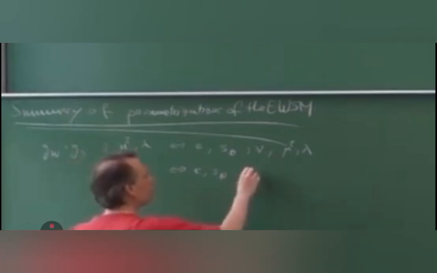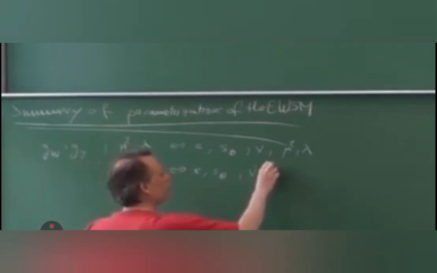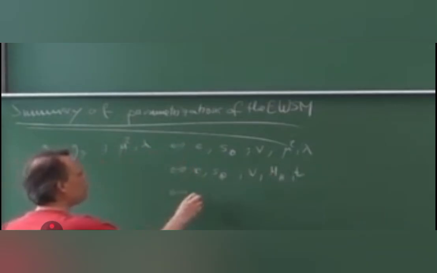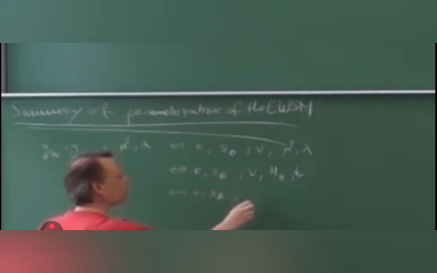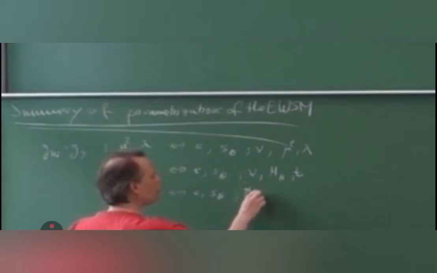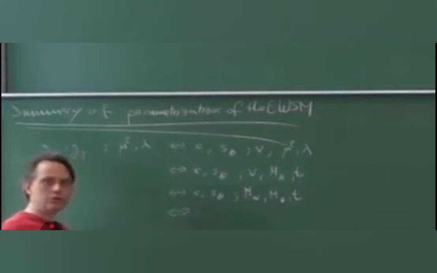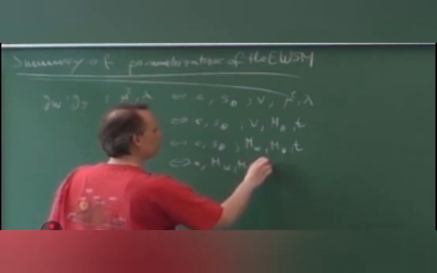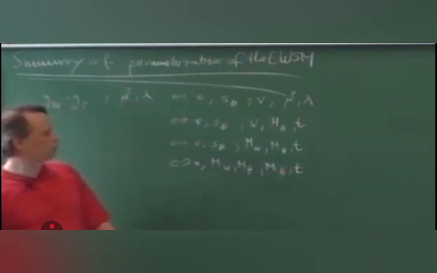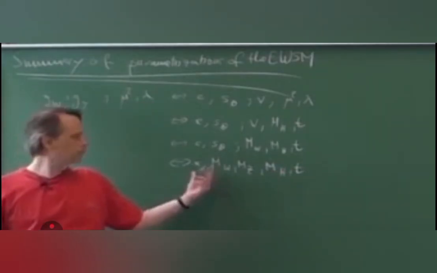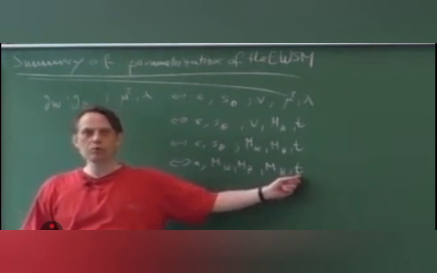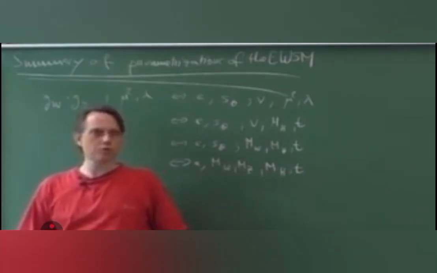So from the Higgs potential we can keep this V and we can calculate the Higgs boson mass and the tadpole parameter, or we can eliminate V in favor of the W boson mass and keep the Higgs mass and the tadpole parameter, or we can eliminate the weak mixing angle in terms of the Z boson mass, and then we have here actually a parametrization like this, where we parameterize the standard model in terms of 1 gauge coupling and 3 masses for the bosons W, Z and Higgs, and 1 fifth parameter, the tadpole parameter, which is 0 if we are in the correct vacuum expectation value.